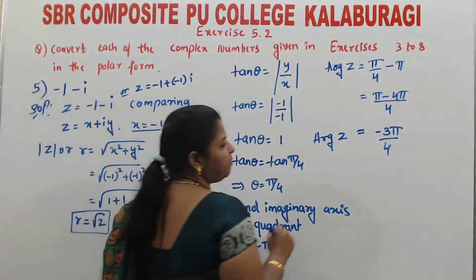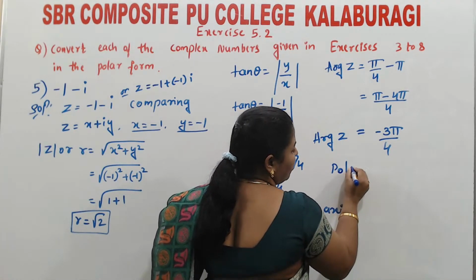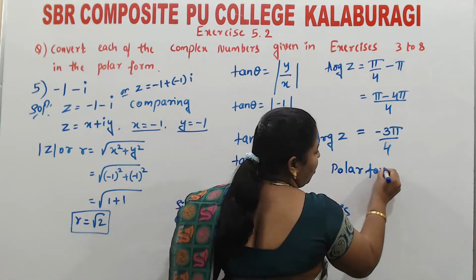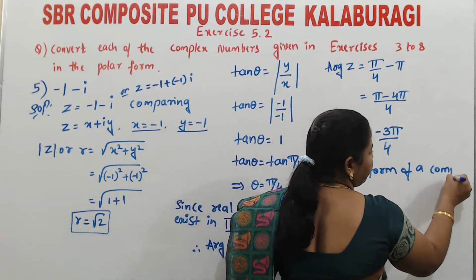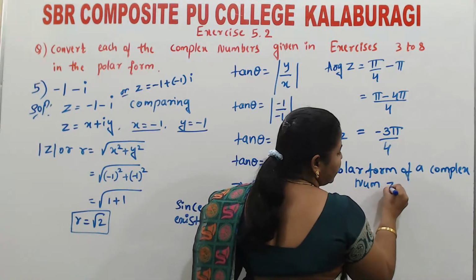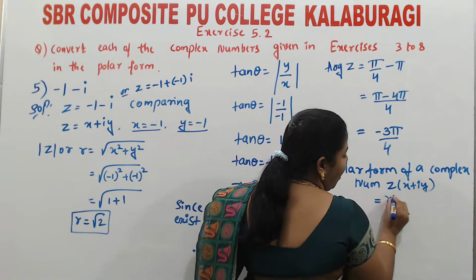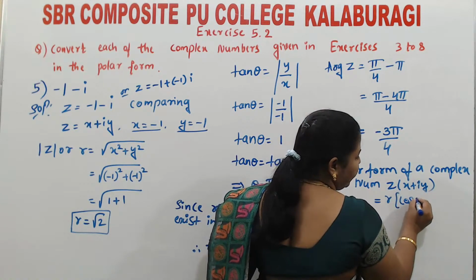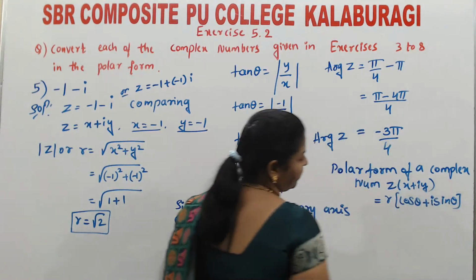Okay, then what is our polar form? Polar form of a complex number z, that is x plus iy, is equal to r into cos theta plus i sin theta, right?